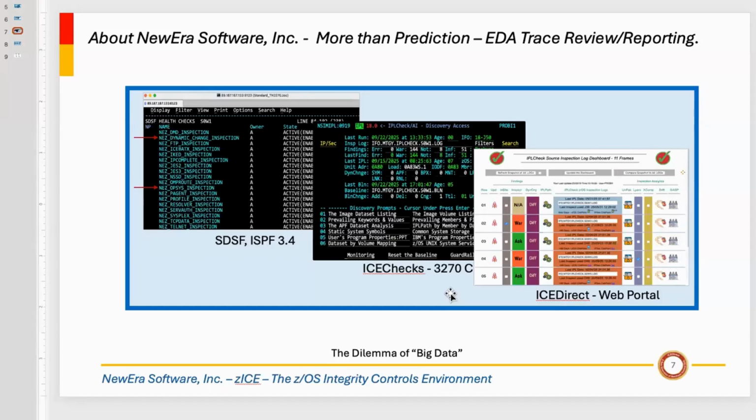So I hope it's clear from the demonstration that there is a lot of information in the trace that needs to be examined more closely than just simply a cursory, oh, we passed all of the inspection points, there's no issue. Well, that may be true, and for some of you, that may be all you want.